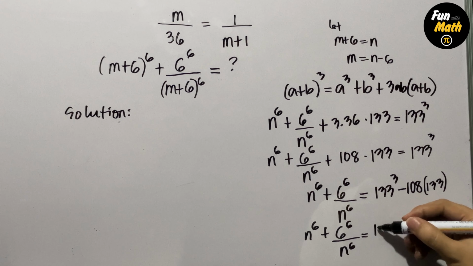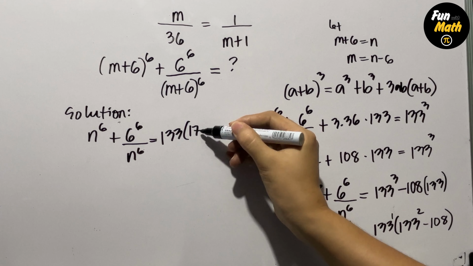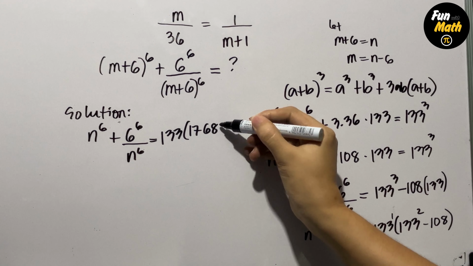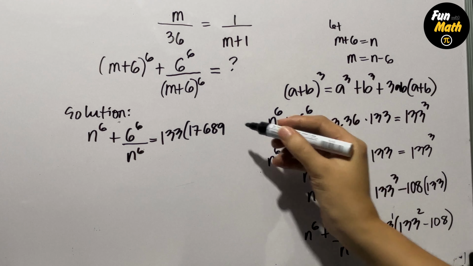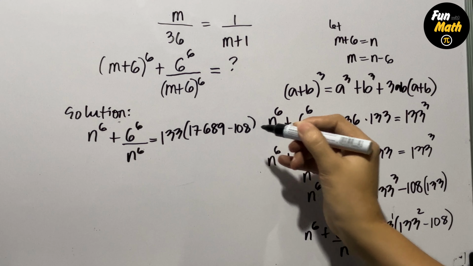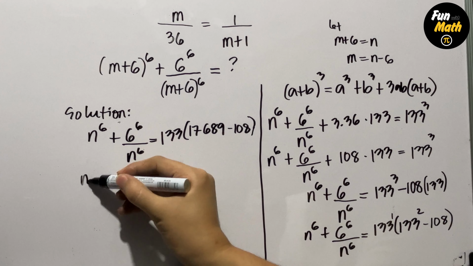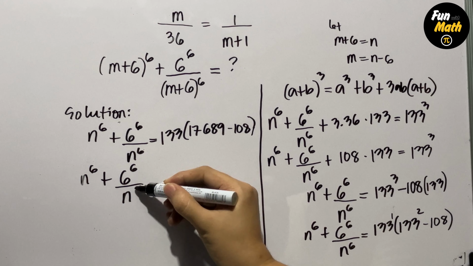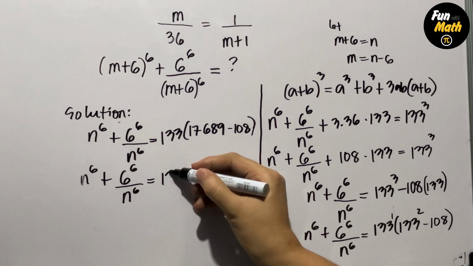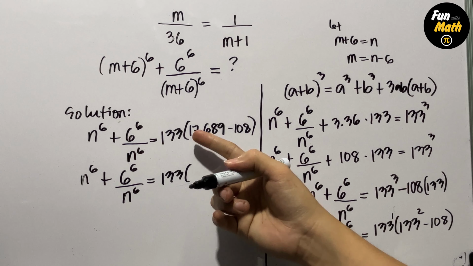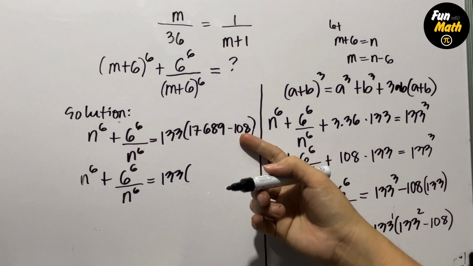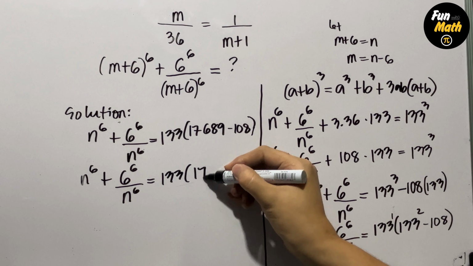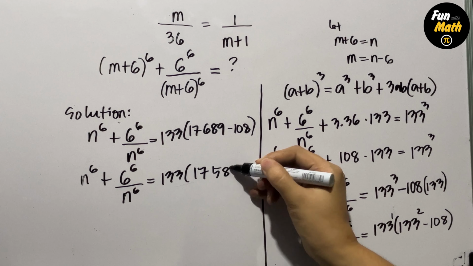133 squared, that is equal to 17,689. Then minus 108. And then this is n^6 + 6^6/n^6 equals 133 times, if we subtract, this is 17,581.